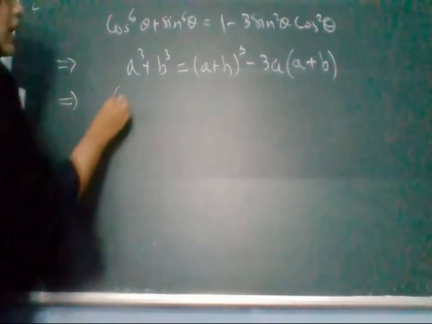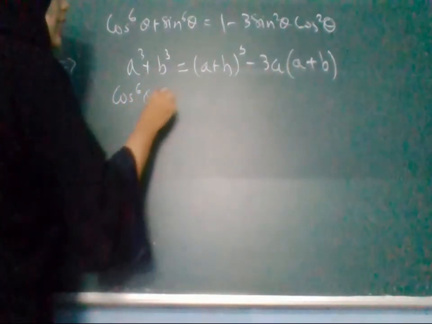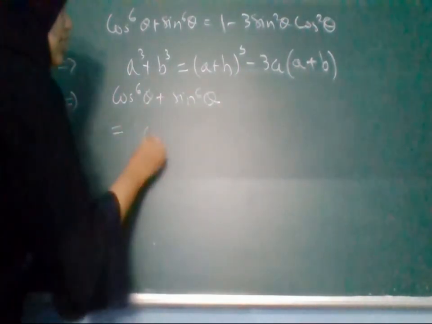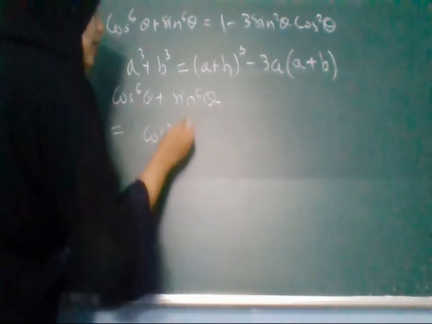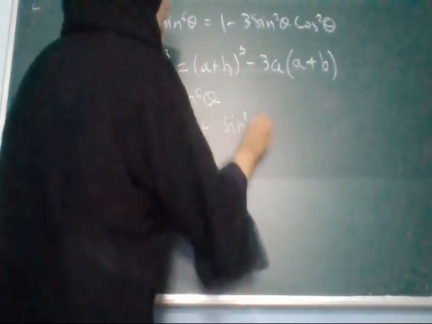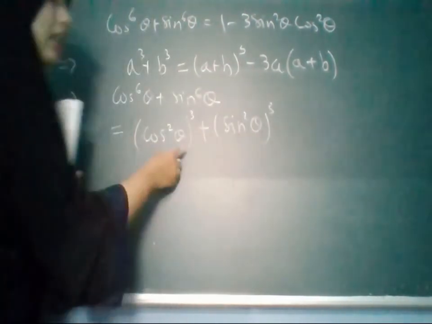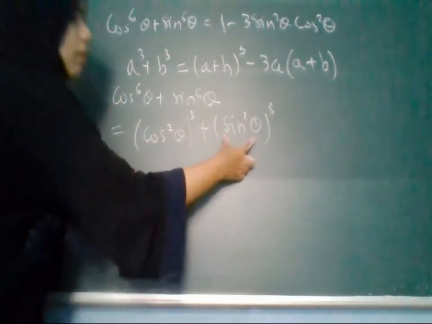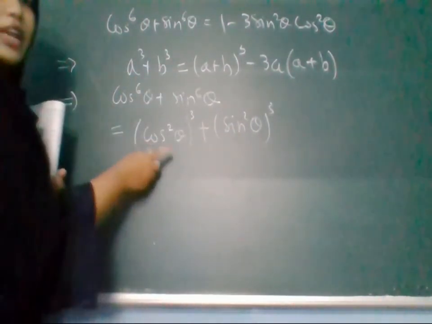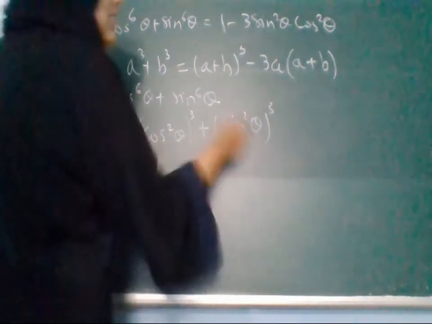Okay. Now cos raised to 6 theta plus sin raised to 6 theta can be written as cos square theta raised to 3 plus sin square theta raised to 3. Now this is your a, this is your b. Now we will apply this a cube plus b cube formula. Here your a is cos square theta and b is sin square theta.